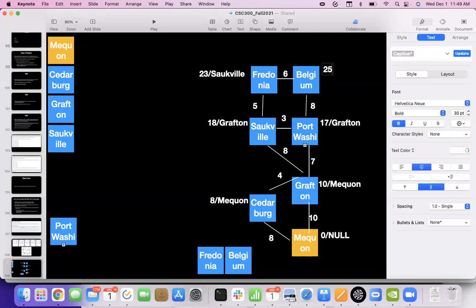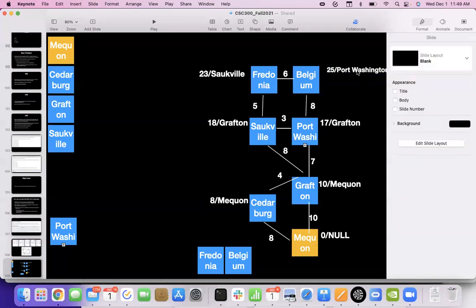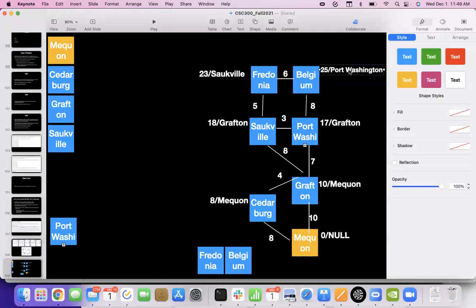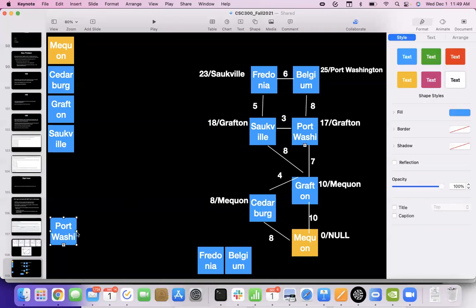Yes, it is. So this is 25 by way of Port Washington. Shrink that down just a skosh. All right. So now we've handled all the roads coming out of Port Washington.